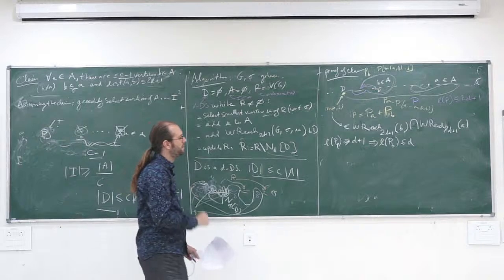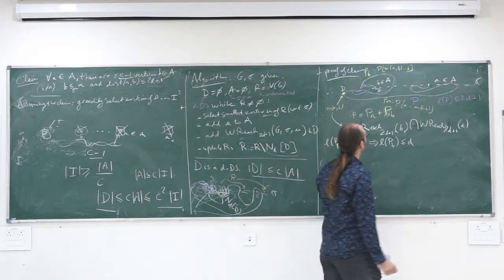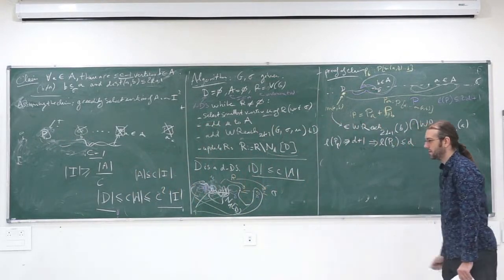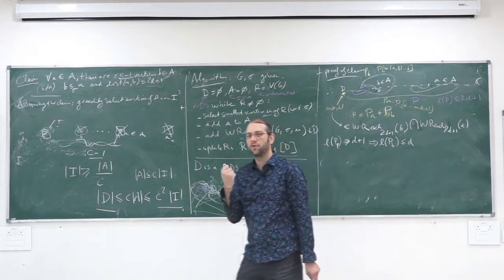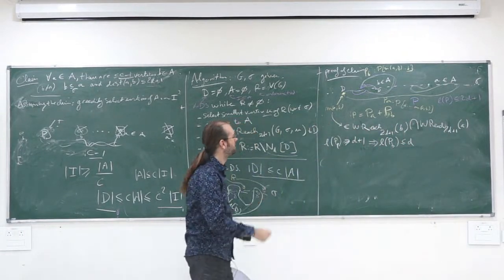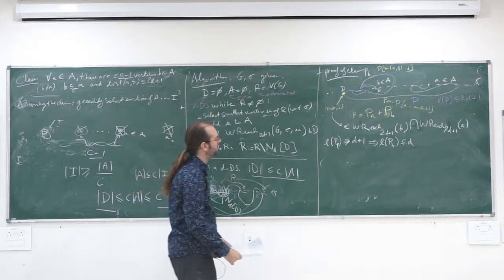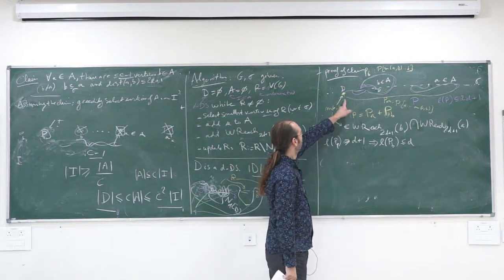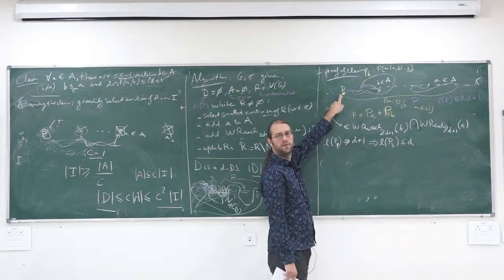Okay, I have this. I want to tell that there are not so many B's. In fact, I will show you that there is only one B. What do I mean by one B? What I mean is that there is only one B who shares this minimum.